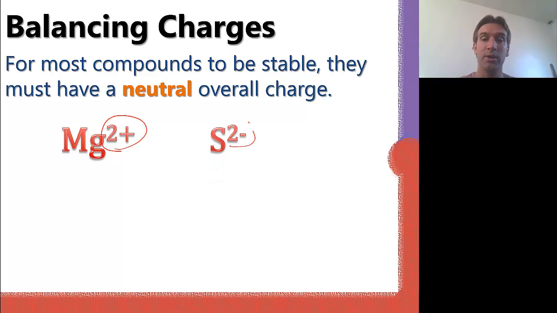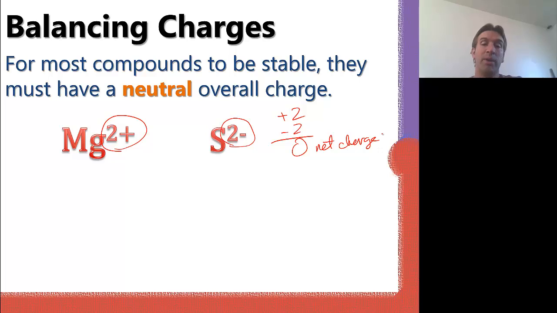Sulfide over here has a -2 charge. So if I combine my +2 with a -2, we find that there is 0 net charge. It's a stable compound when my ratio of magnesium ion to sulfide is in a 1-to-1 ratio. +2 with a -2 cancels out.